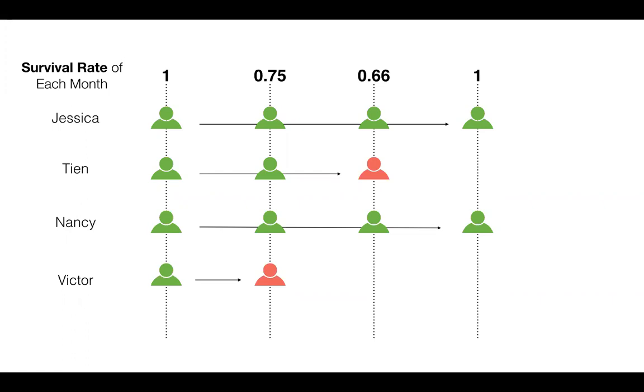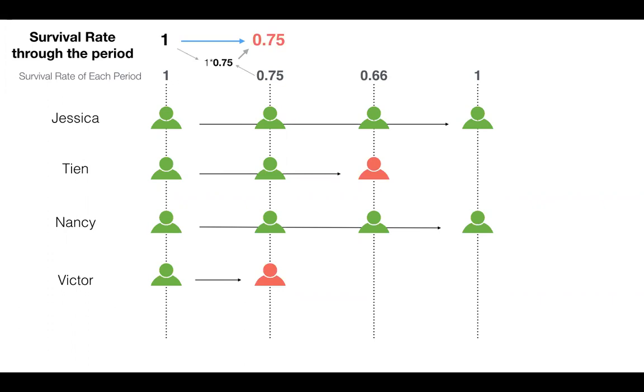So far we've been focusing on each month, on what the chance is of leaving in that particular month period. But what we care about is the survival rate through the period. What I mean is the probability that a person is going to survive until the second month, or the third month, or the 4th month. To calculate it is pretty simple.